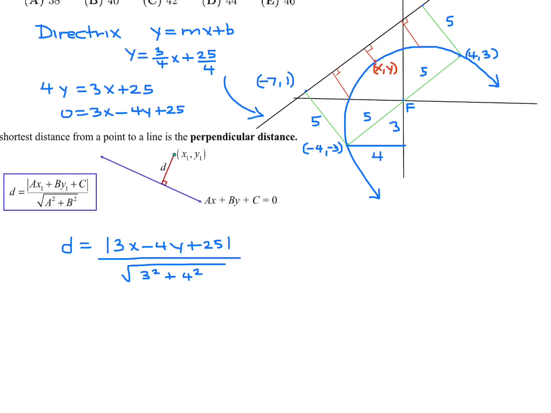Now, this is not perfectly drawn to scale, so it might be a little bit harder to understand. But let's just recap that any point on the parabola, if you draw a line from it to the directrix, like I have drawn right there, and then you draw a line from the same point to the focus, those distances have to be the same.